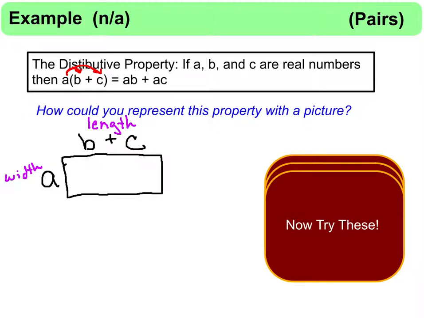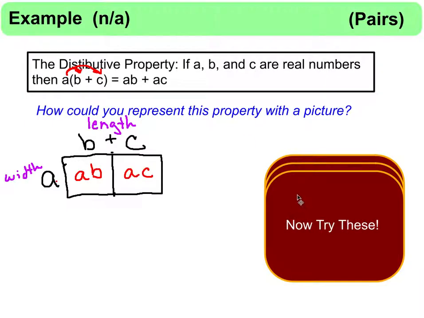And so a lot of times what your teacher will tell you to do is everywhere you see a plus sign or a minus sign, go ahead and take that box and cut it in half. And so if we wanted to replicate what we saw in the distributive property, the arrow here, A times B is AB, and then A times C is AC.